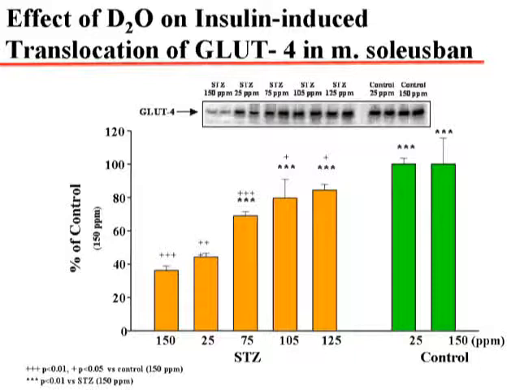So we checked how the GLUT4 translocation changed in these differently treated animals. As you see here, this is the tap water.